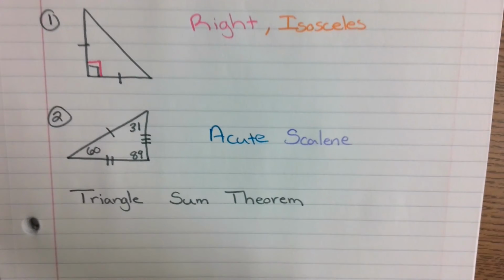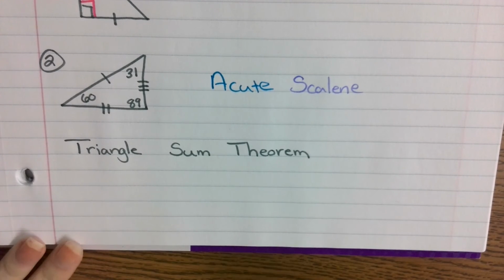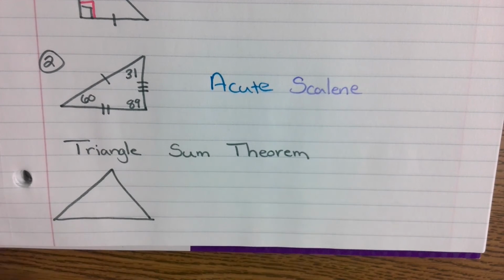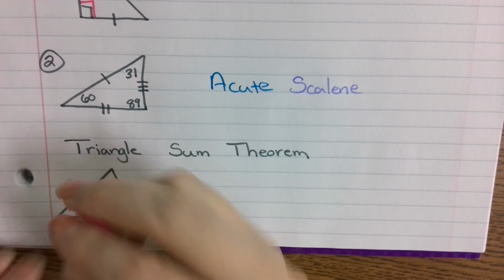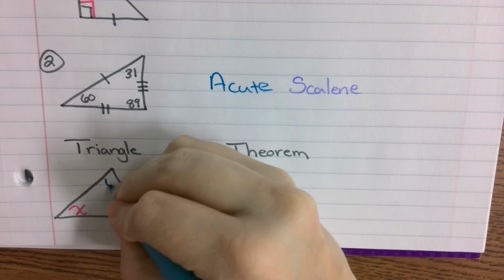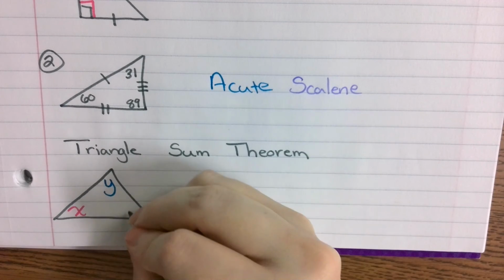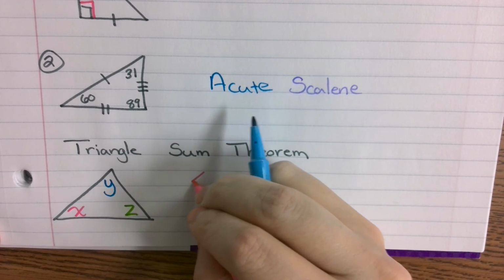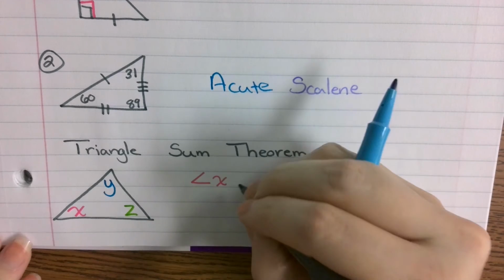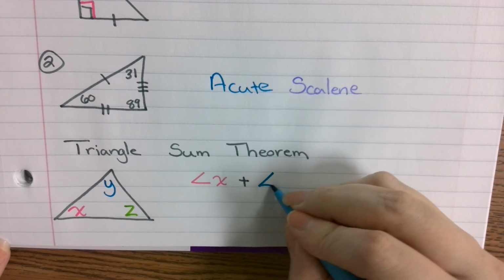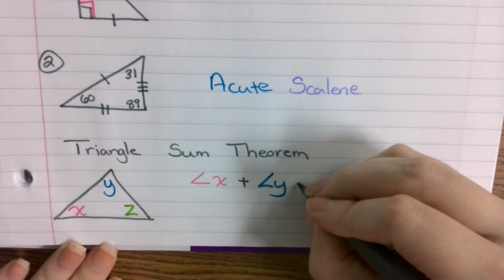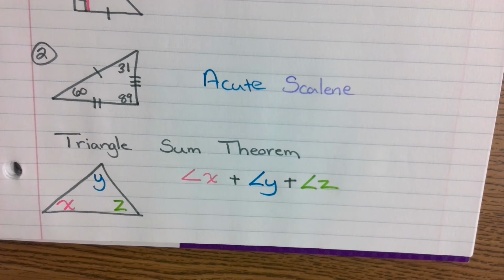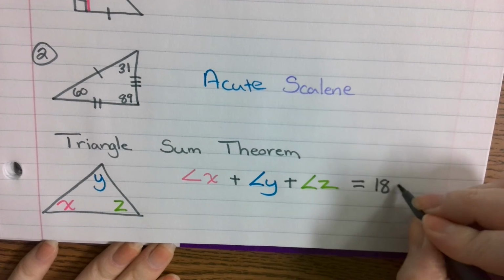That's called the Triangle Sum Theorem, where the Triangle Sum Theorem states you have a triangle that has angle X, angle Y, and angle Z, and if you were to add angle X plus angle Y plus angle Z, it's going to equal 180 degrees.